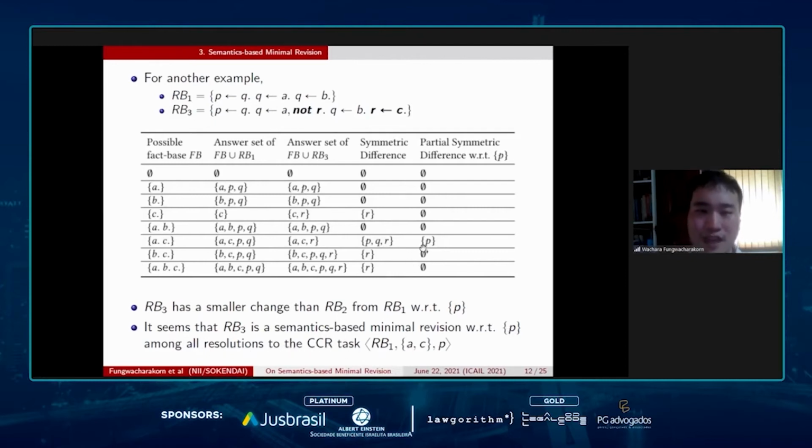If we would like a smaller change than RB3, we need to make this row an empty set, but doing so would mean it is no longer a resolution to the exceptional case of AC. So we can consider RB3 as a semantic-based minimal revision.